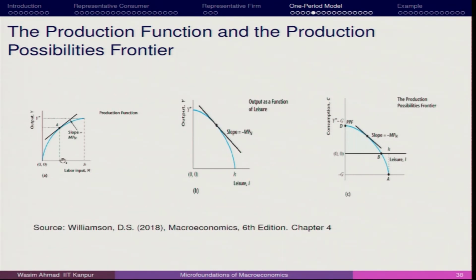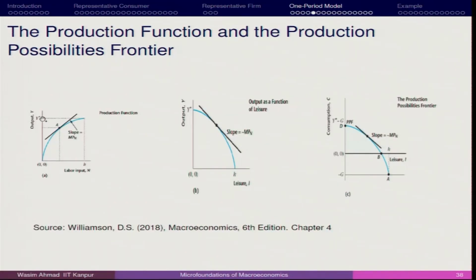What we are trying to infer from here is that if the consumer is going to work for h amount of hours, which means that he does not take any rest, no leisure at all, then in that case the maximum output that can be produced at the aggregate level is y star, but given the slope of this production function, which is normally the marginal product of labor, it is at a.